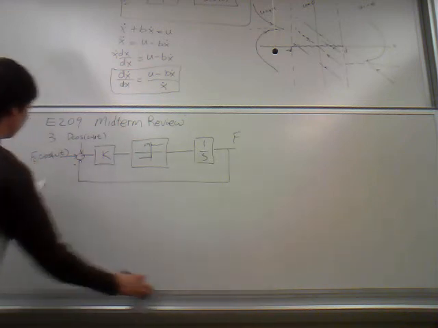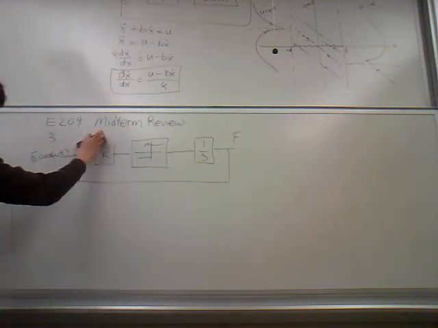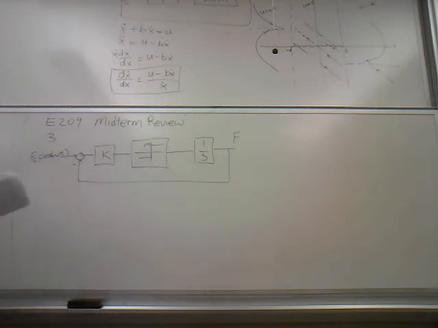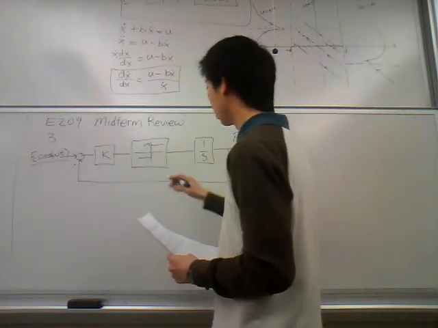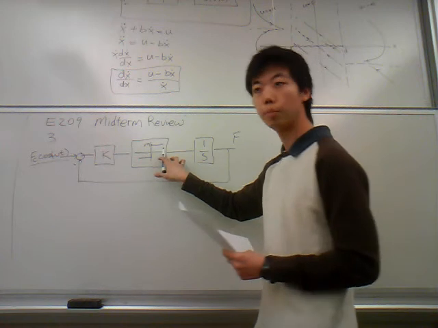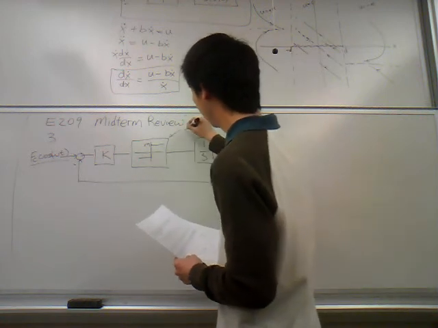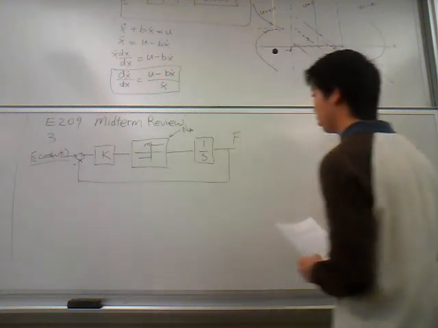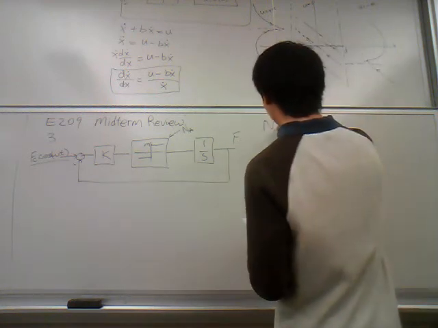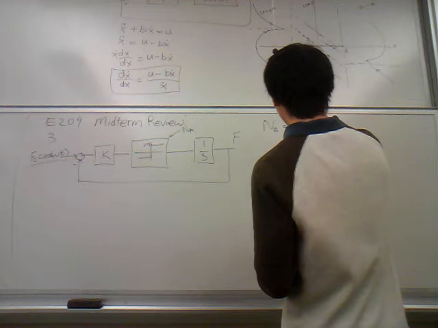So the first thing, we're going to assume there's no dither. So this is a sinusoidal function. So we can approximate this ideal relay by its describing function. We call it NA, where NA is 4m over pi a.